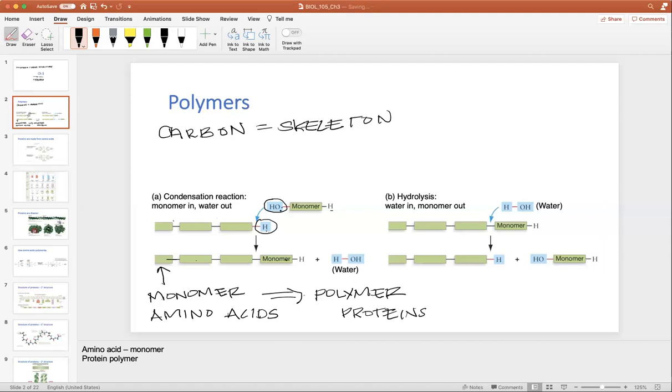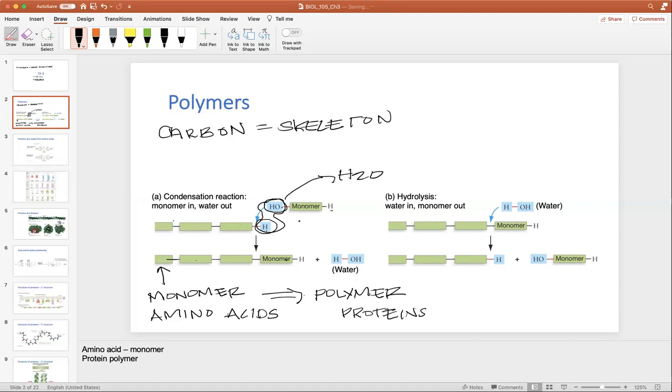So what will happen in order to link these monomers together is that the hydroxyl group and the hydrogen will interact to form H2O, right? We are losing a water molecule. And so you can see here that once we eliminate that, then this monomer is linked to this monomer. And here's the byproduct of water.